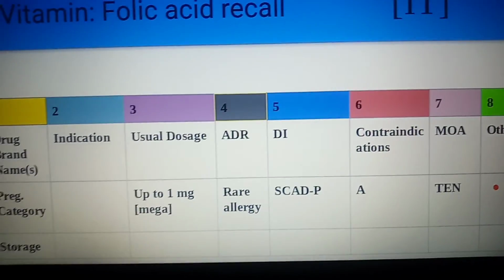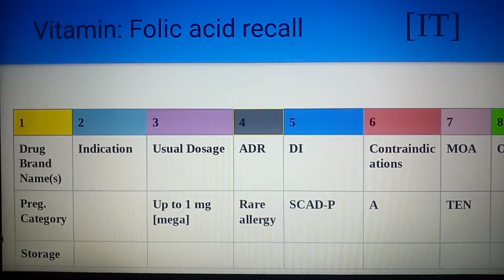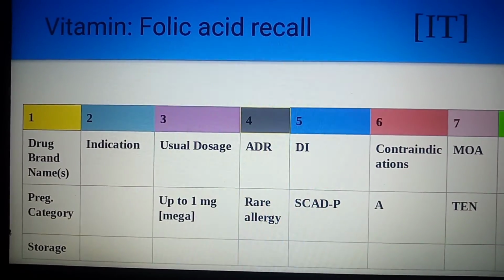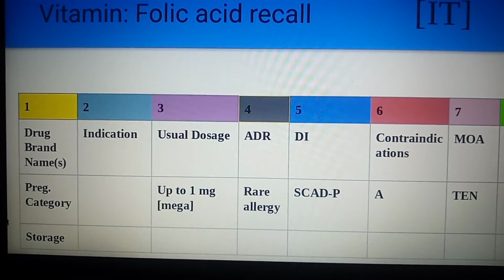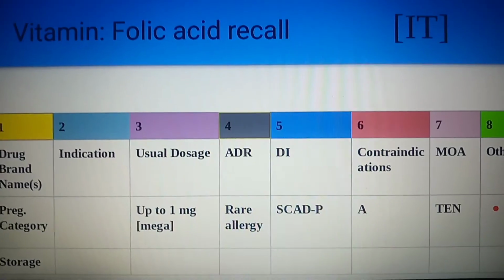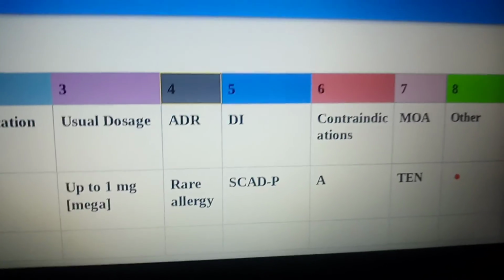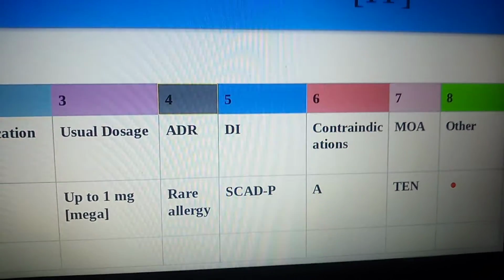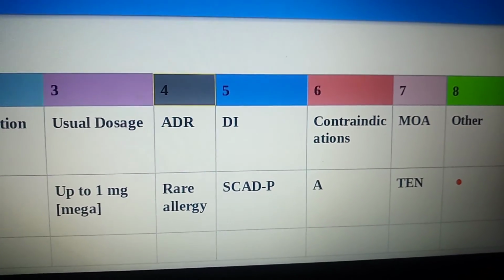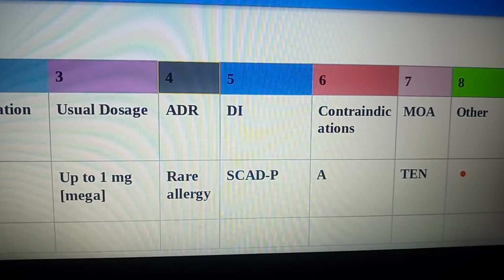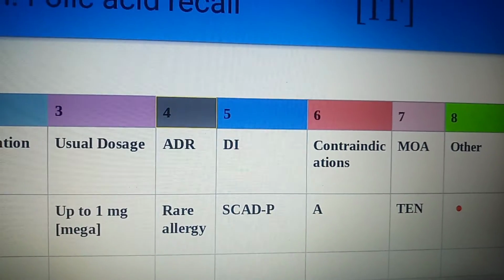Okay, so recall for folic acid. Folic acid, it's a vitamin. Brand names: folate, folacin, pteroylglutamic acid. Indication: megaloblastic anemia. Usual dosage up to 1 milligram. ADR, rare allergy. Drug interactions: sulfasalazine, contraceptives, aminosalicylic acid, dihydrofolate reductase inhibitors, specifically trimethoprim and methotrexate, and phenytoin. These will all decrease folic acid.